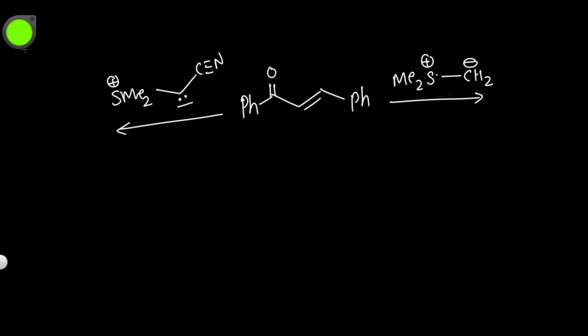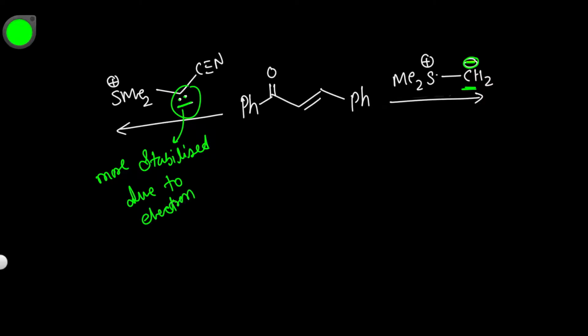Here is also a negative charge, as you all know. Here you have a negative charge on the carbon, and here is also a negative charge, but this negative charge is more stabilized, due to CN, due to the electron withdrawing group attached.